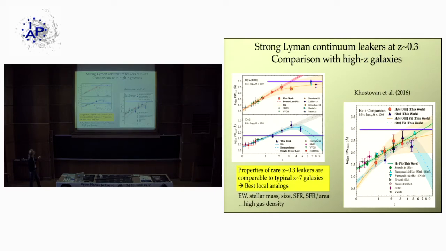Here I only show the equivalent widths, but if you look at stellar mass estimates, star formation rates, etc., from high redshift galaxies, they are very comparable to those of our galaxies. And therefore, we say that we have probably the best analogs of the sources of cosmic reionization we know so far.